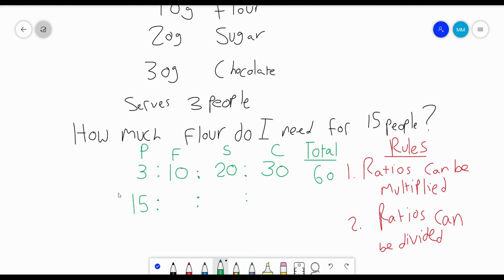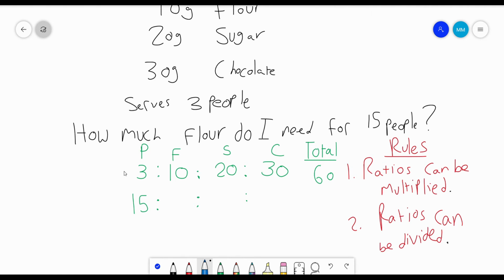From 3 to get to 15, how was that achieved? Was it either multiplied or was it divided? Well, 3 to get to 15 has grown, so it must have been multiplied by something, and in this case 3 times 5 is 15.